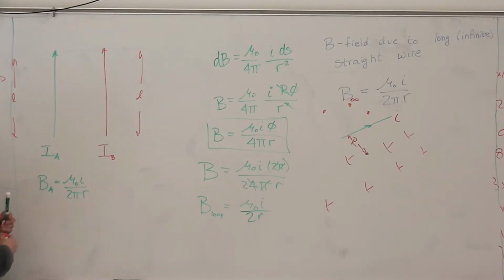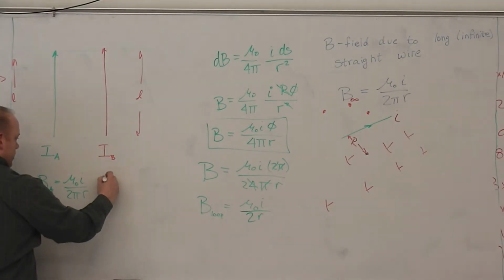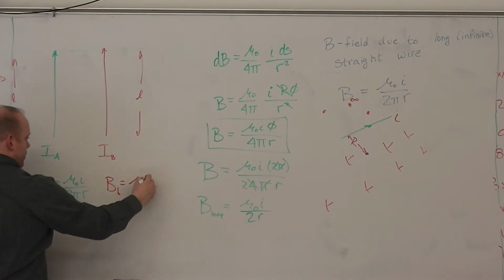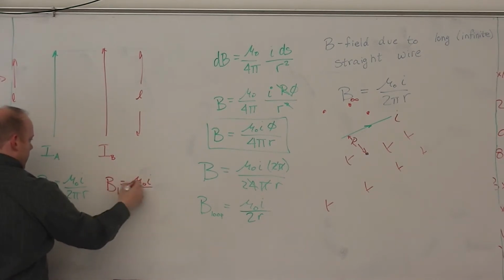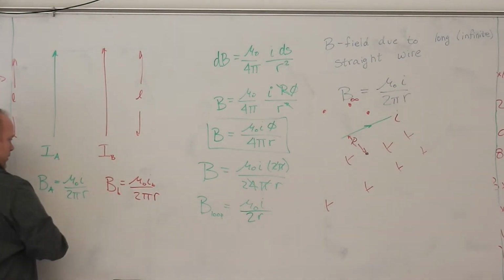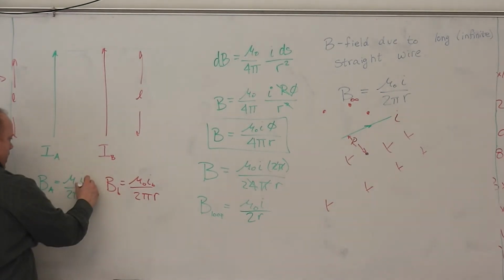The magnetic field that B creates, BB, will equal mu naught I, now this will be IB over 2 pi, or whatever its r is. I should call this IB and IA.